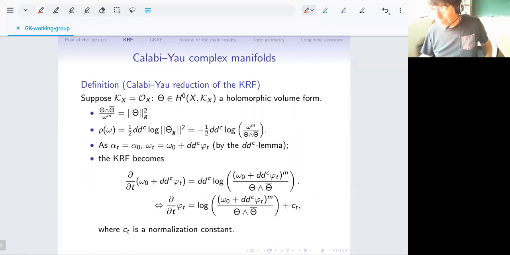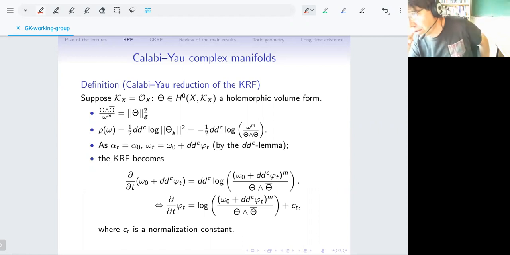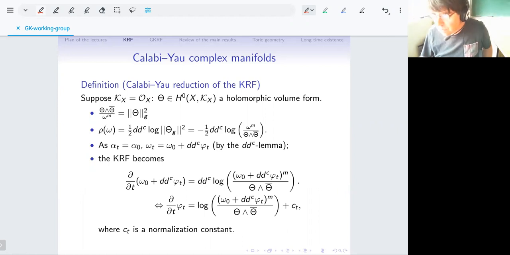And now omega 0 is time independent, so I can pass d/dt to the phi t factor, and I have dd^c of the derivative of phi in t is equal to dd^c of something else. On a compact manifold, this means that the two terms have to differ by some constant. So the upshot is that we have this.